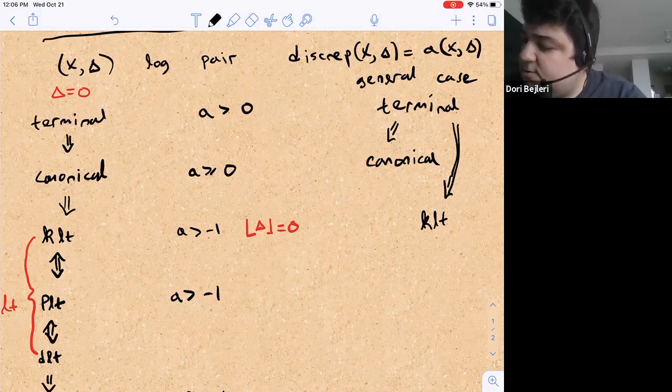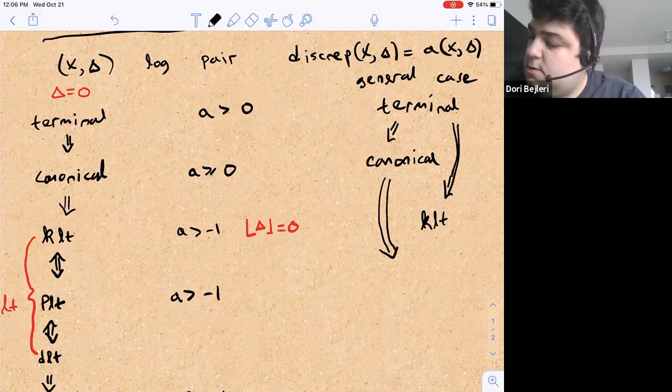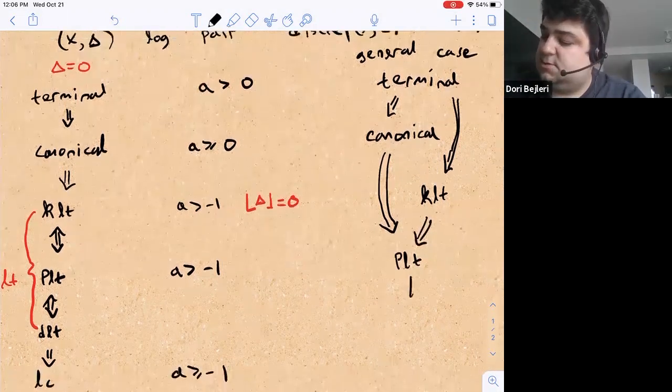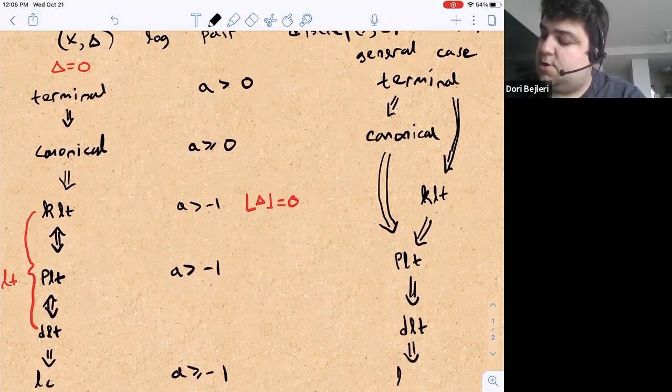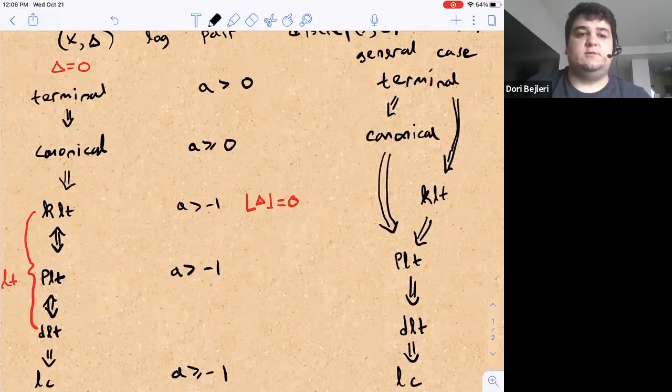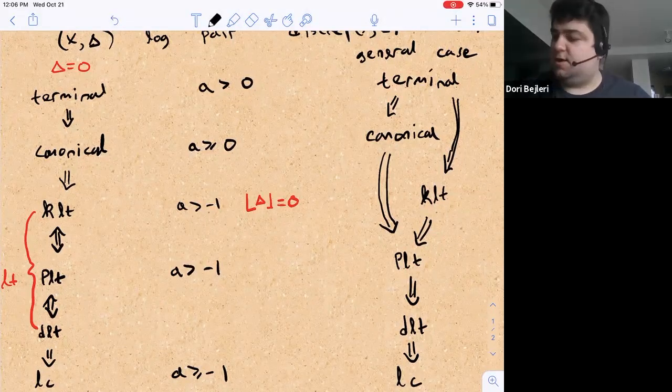But then canonical does imply PLT, and so does KLT. And then this implies DLT, which implies log canonical, and all of these arrows are actually just one-way arrows whenever you have a non-empty boundary.